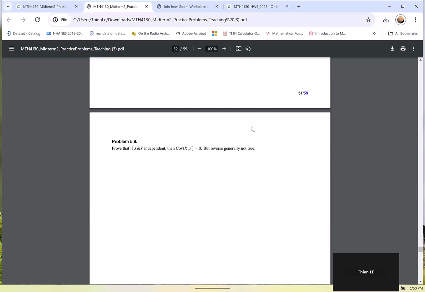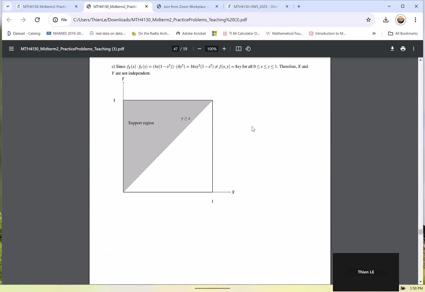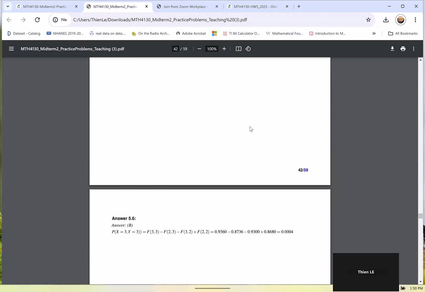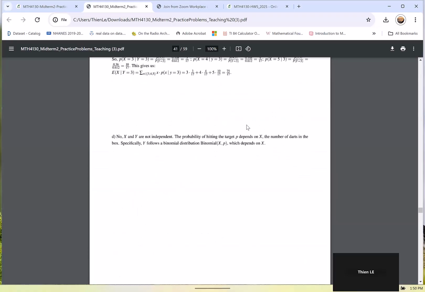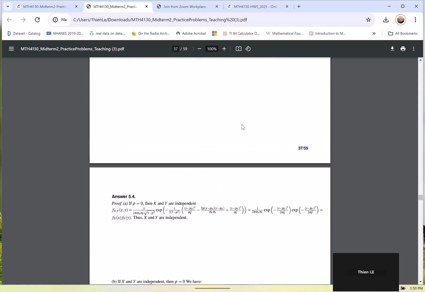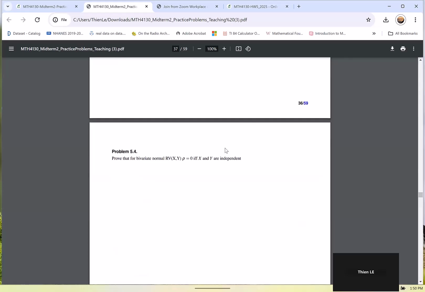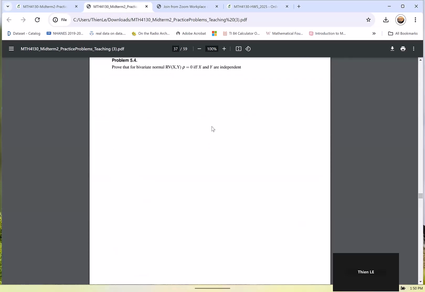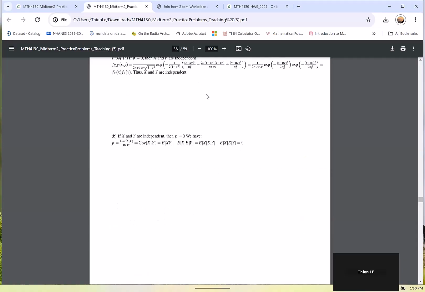So this is pretty much similar to the bivariate normal distribution we looked at before, right? In the bivariate normal case, we have the two-way relationship, I think in problem 5.4 here. But in general, you don't have that. You only have that if independent, then covariance is 0.